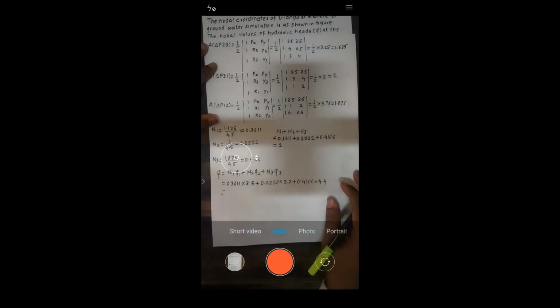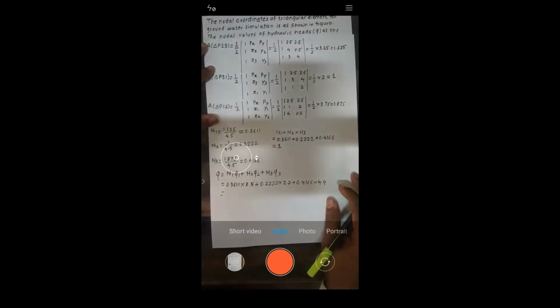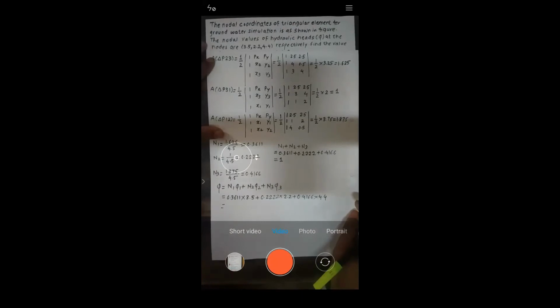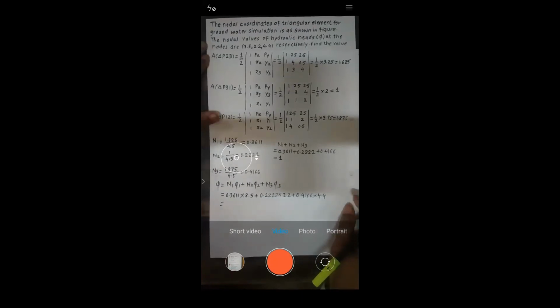Sir, if we are going to calculate some quantity which depends upon time, then how will we use this? Because here we won't consider the time. No. See, all these formulas that we are seeing are based on steady state, right? What is the meaning of steady state?